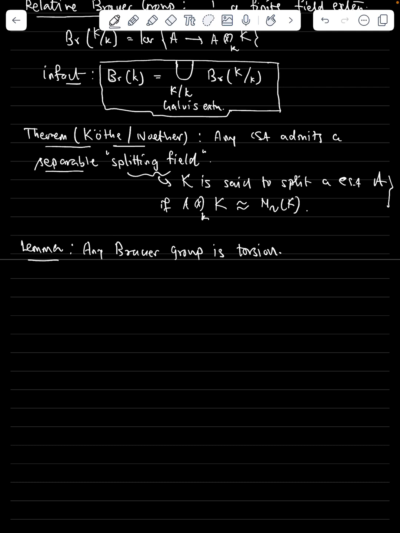And in fact, one can show it using this thing that you look at the relative Brauer group. These things are, in fact, isomorphic as a group to, say, this, and by the way, this L over K is a Galois extension, as I said.